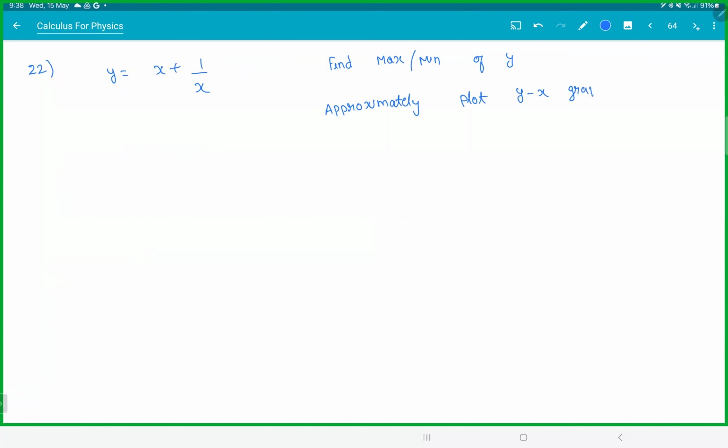So for this function, try to plot a graph. The graph is something you should have a rough idea of, meaning they won't expect you to draw exactly, but a rough estimation should be there. This is a good one.